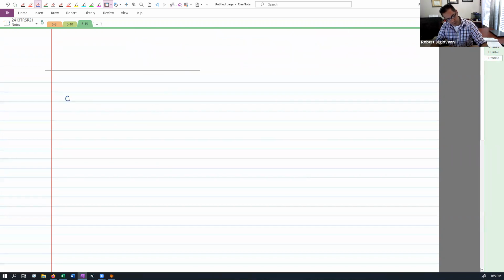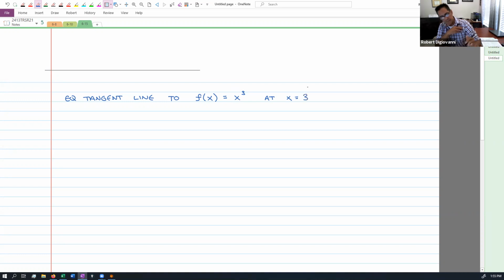So I want the equation of the tangent line to the curve f of x equals x cubed at x equals 3. And that'll be problem number 1.